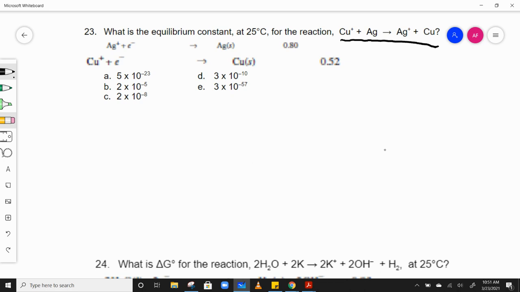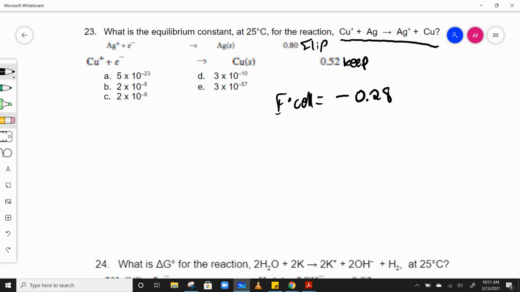I just flipped them to make it positive, but that was stupid of me. So anyway, we keep the bottom one, and then we flip this one to get the E cell. So E naught of the cell is equal to, I got negative 0.28.